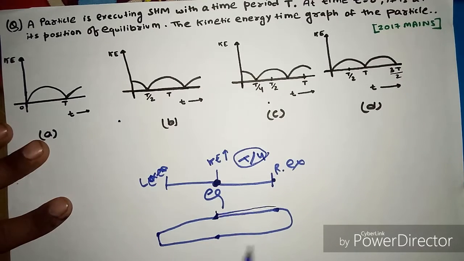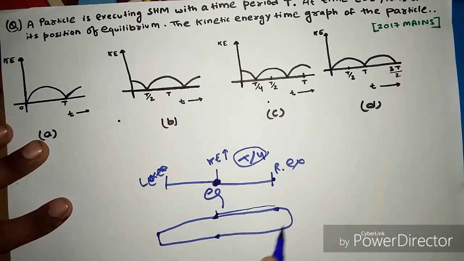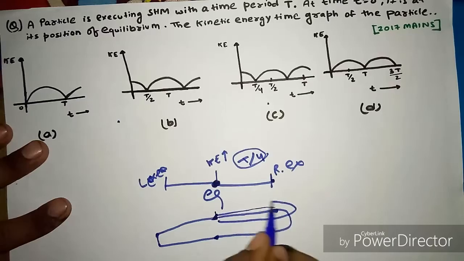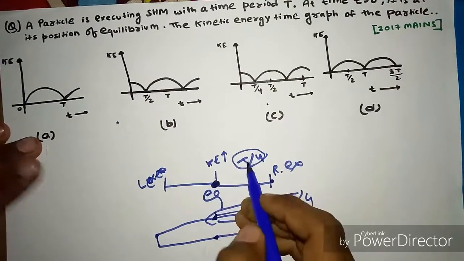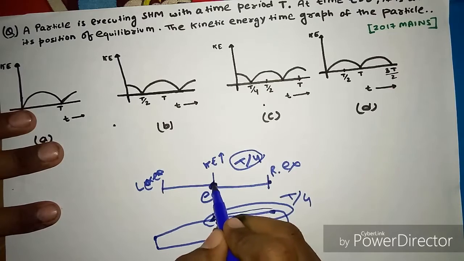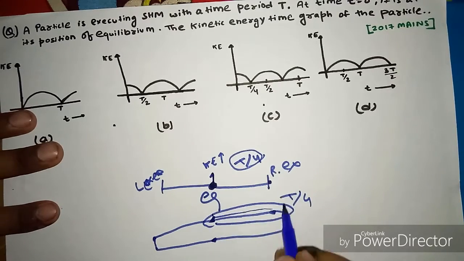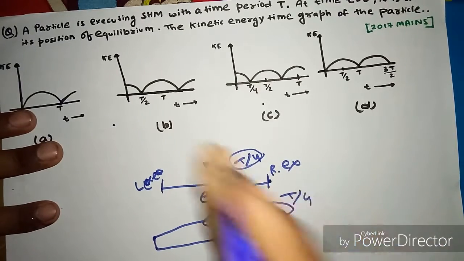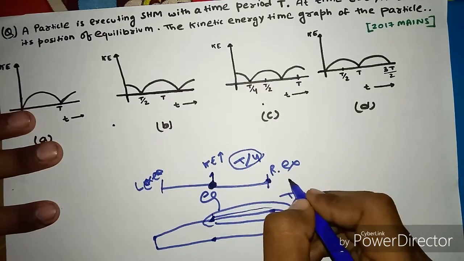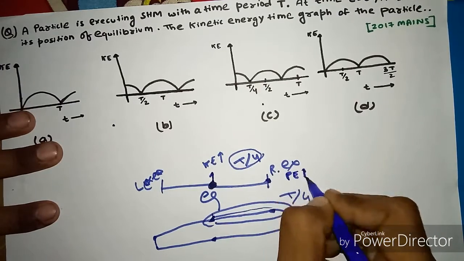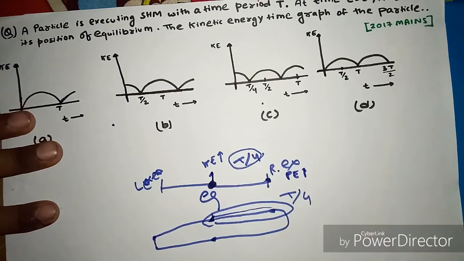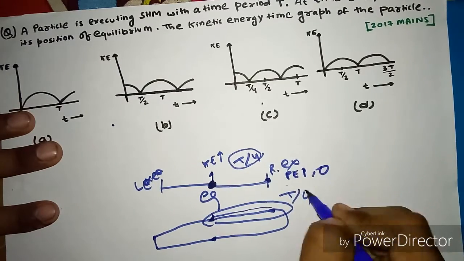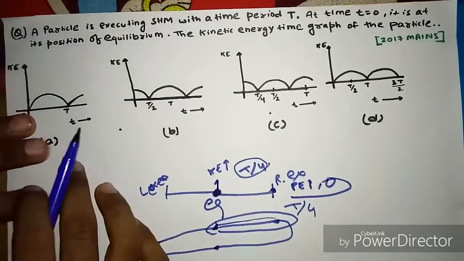This full is T, so this part will be T by 4. At this point it has the maximum kinetic energy, and at T by 4, as we proved in the previous problem, at the right extreme it has the maximum potential energy. All kinetic energy converts to potential energy and kinetic energy is 0, right? So we can easily match the graph.